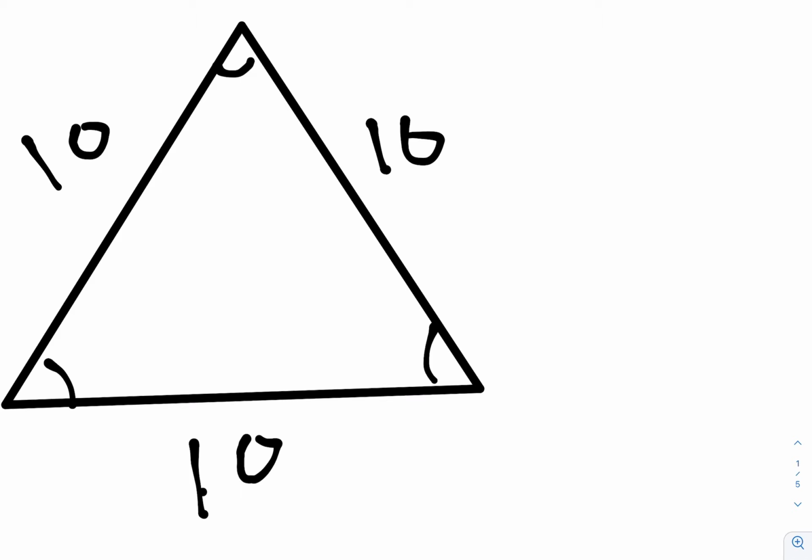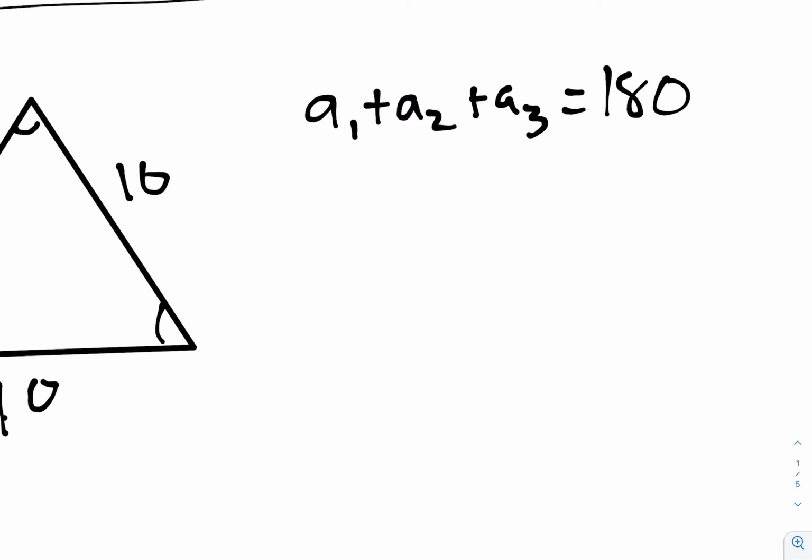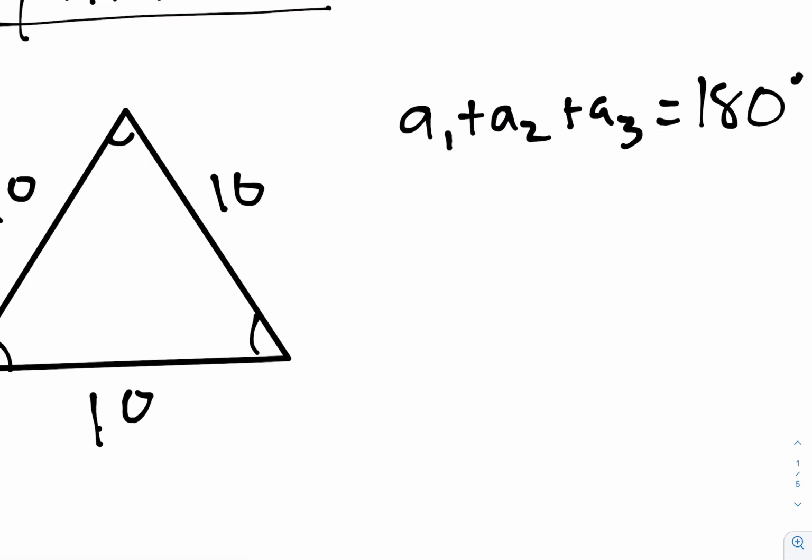So for equilateral triangles, we have A1 plus A2 plus A3, so the sum of all of our angles has to equal 180. Well, A1 is the same as A2, which is the same as A3. So essentially we have 3 times A1 equals 180.